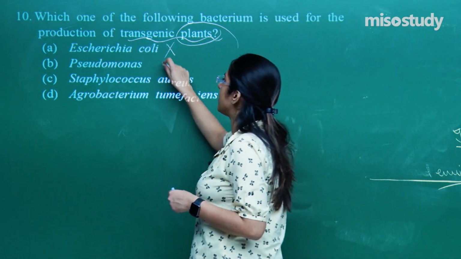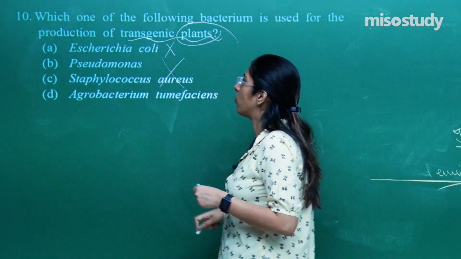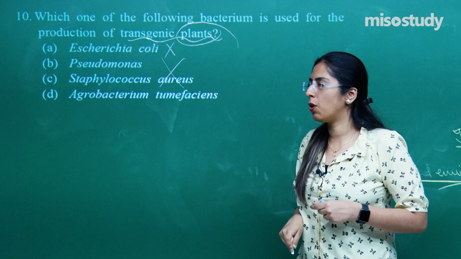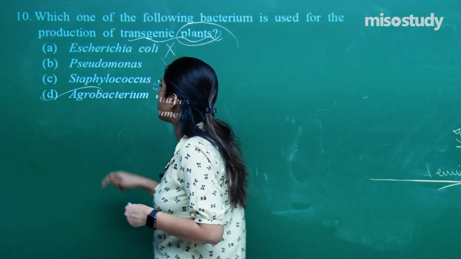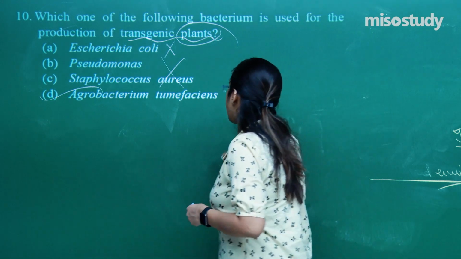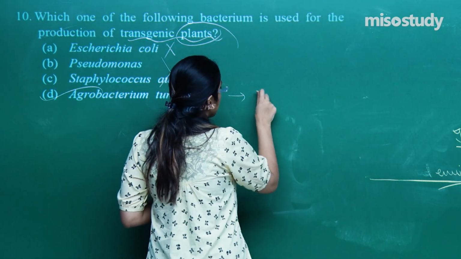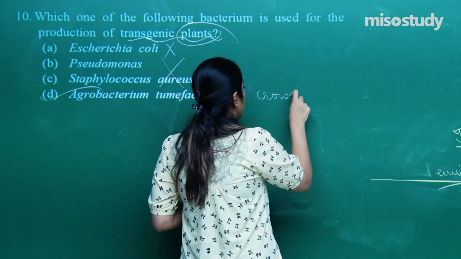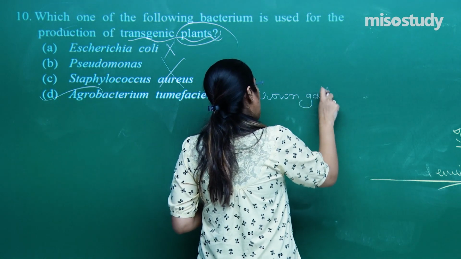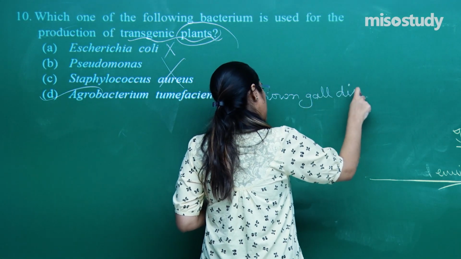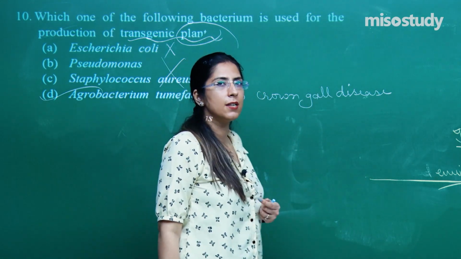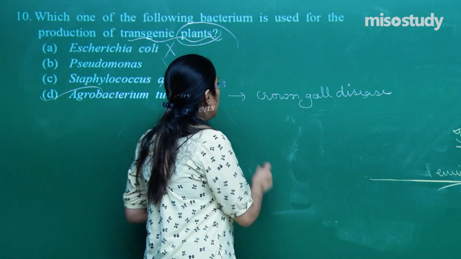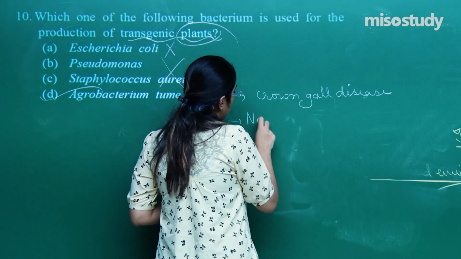Next is Pseudomonas and Streptococcus aureus. These are wrong options. In D, they have written Agrobacterium tumefaciens. Agrobacterium tumefaciens, like we have discussed earlier, normally causes crown gall disease. For the transformation experiment, for inserting a foreign gene, we produce a non-pathogenic form.